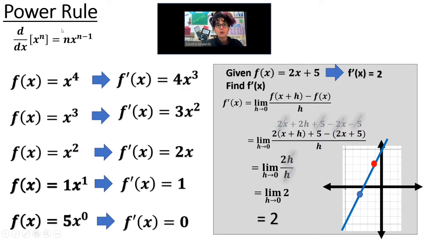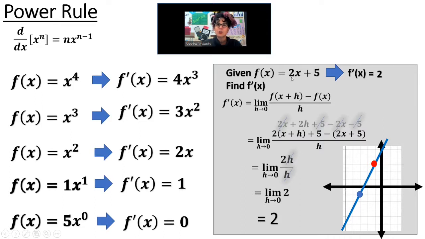Now, if we think of it with the power rule, if I were to use the power rule on 2x, okay, x is to the first power, so the 1 would come to the front. 2 times 1 is 2x, subtract 1 off the exponent, so 1 minus 1 is 0.